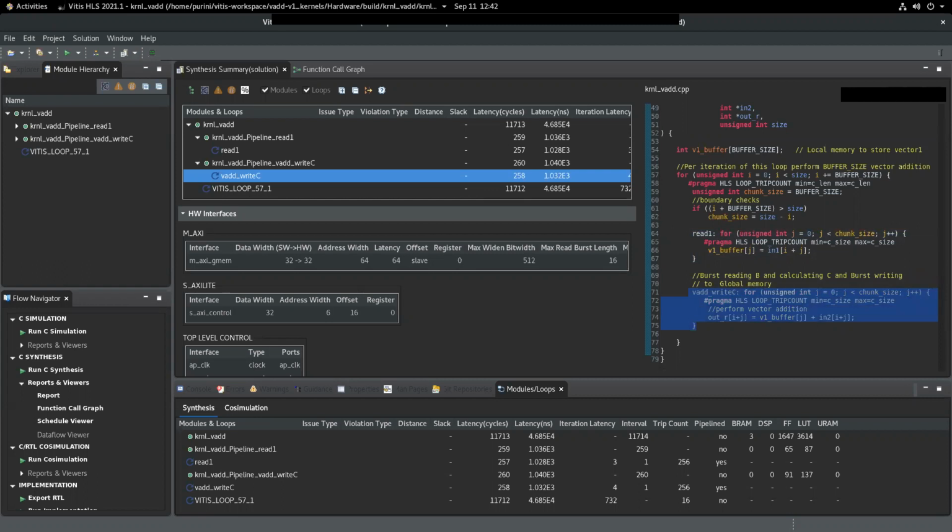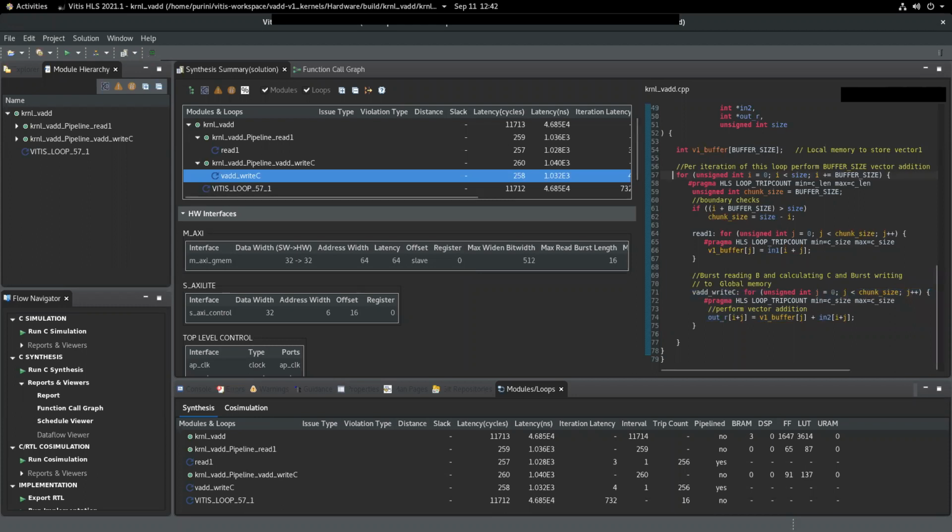Together, both loops put together are approximately 500 clock cycles. The outer loop on line number 57 goes through 16 iterations. So 16 into 500 is something like 8,000 clock cycles. So the latency for this whole loop is around 8,000 clock cycles.